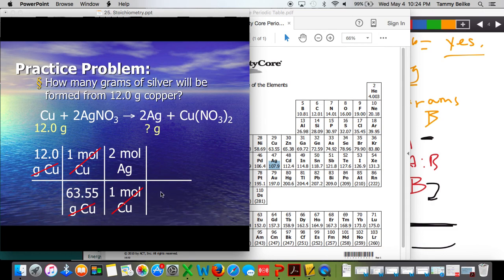That means I have my 1 mole on bottom, and my 107.9 up on the top. And then this one has more decimal places. It doesn't matter. Okay, so 2 decimal places is usually the minimum, except for some of these are heavier and don't have enough space on the periodic table, I guess, is the reason. I don't know. So there's 2 moles of silver on top, moles of silver on bottom.